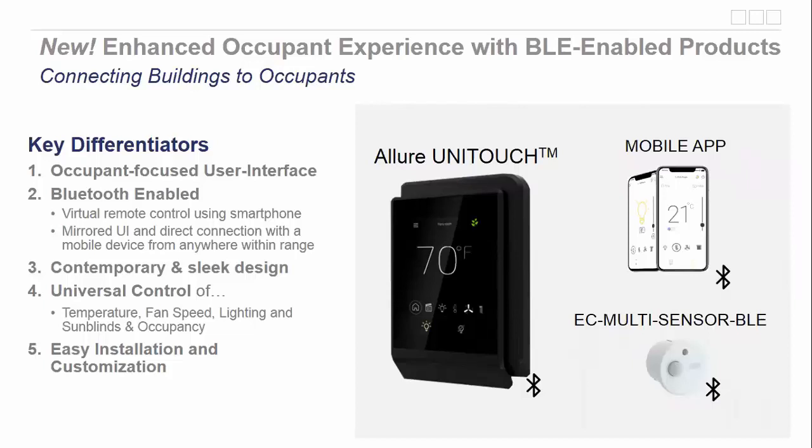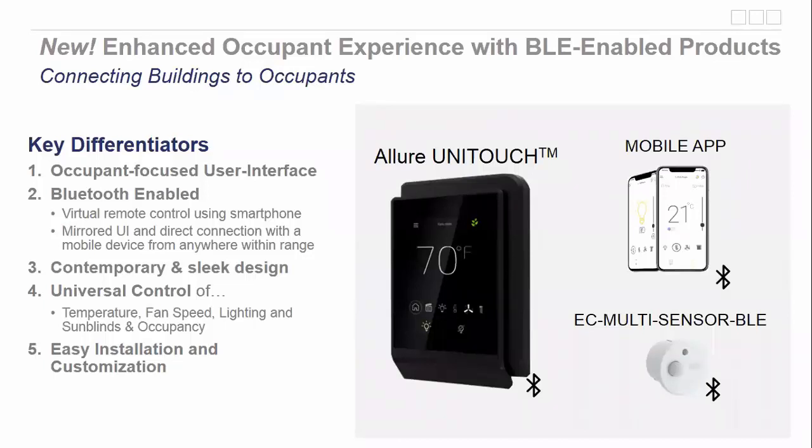In addition, to be able to fulfill the architects' and the building owners' requirements, we have designed products with a contemporary and sleek design, meaning that those products will have a very good and very discreet integration in the room.